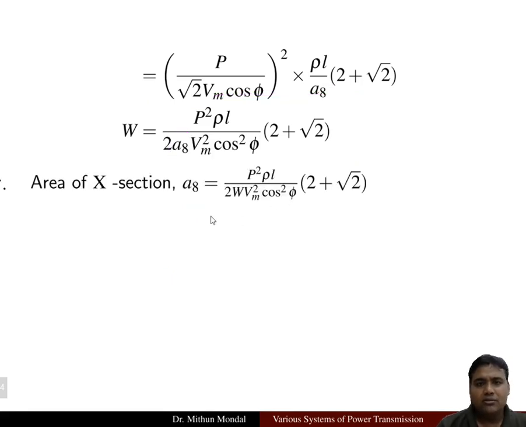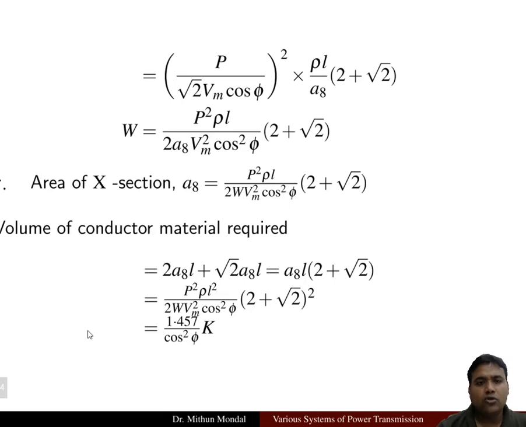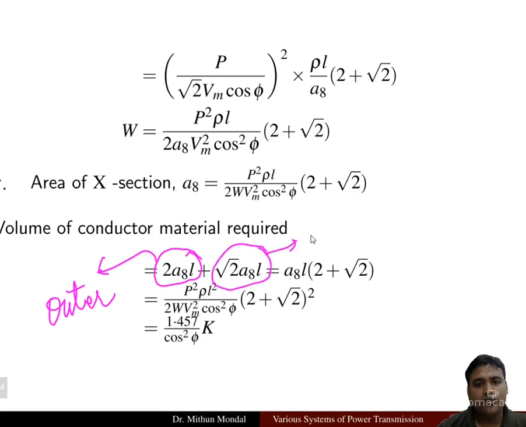So the area of the cross section A8, you are getting this. Next you will determine the volume. So volume is basically, for the outer wires, 2 A8 into L, and root 2 times A8 into L is for the neutral wire.